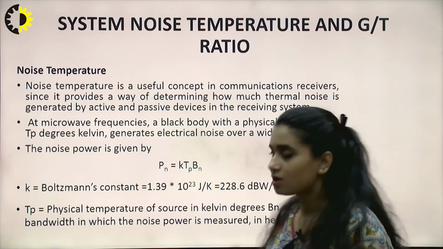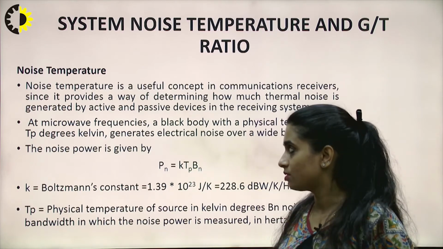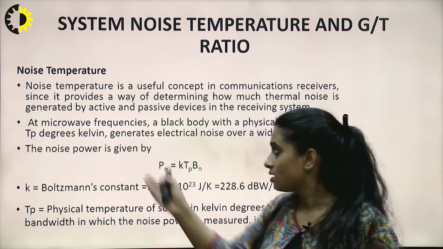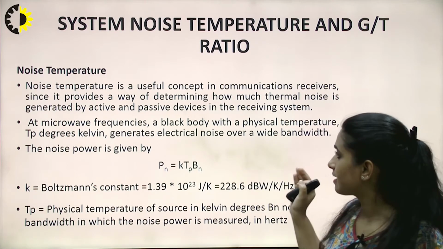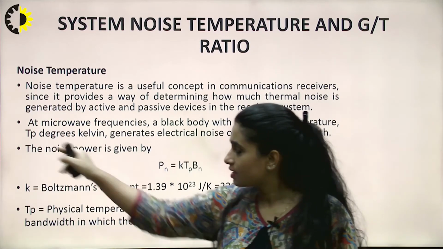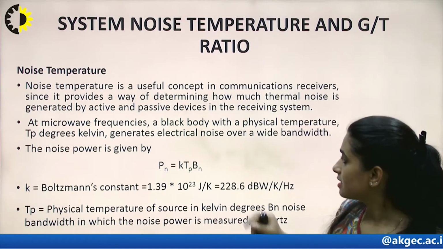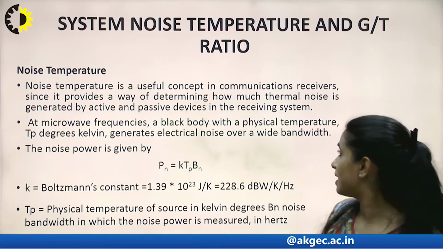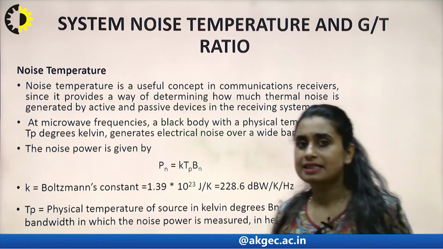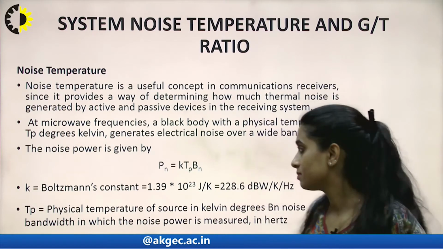Now we are talking about radio communication, most of the time wireless communication, so we talk about radio frequencies. At microwave frequencies, a black body with physical temperature denoted by Tp, in degrees Kelvin, generates electrical noise over a wide bandwidth, right? In that case, what will be the noise power?